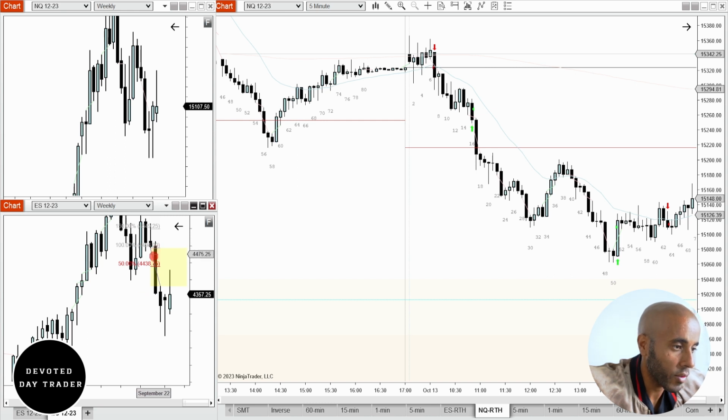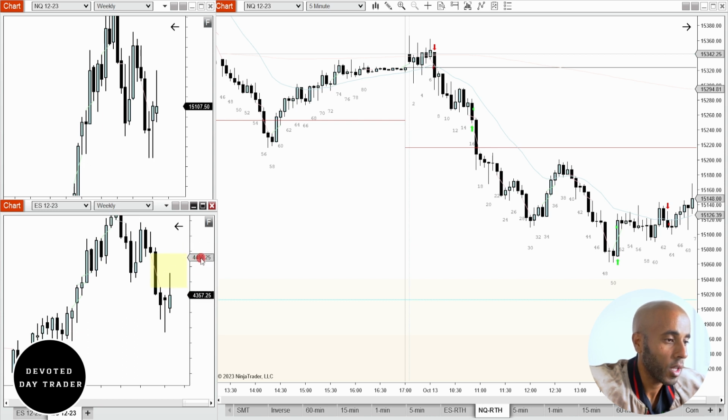So the 50% of this gap is 4438.75, and the high of this candle is 4430.50. So it missed it by about 8 points, but this is a weekly candle, so the weekly range is huge. So it was within the vicinity of the 50% of this gap. So this got me interested.